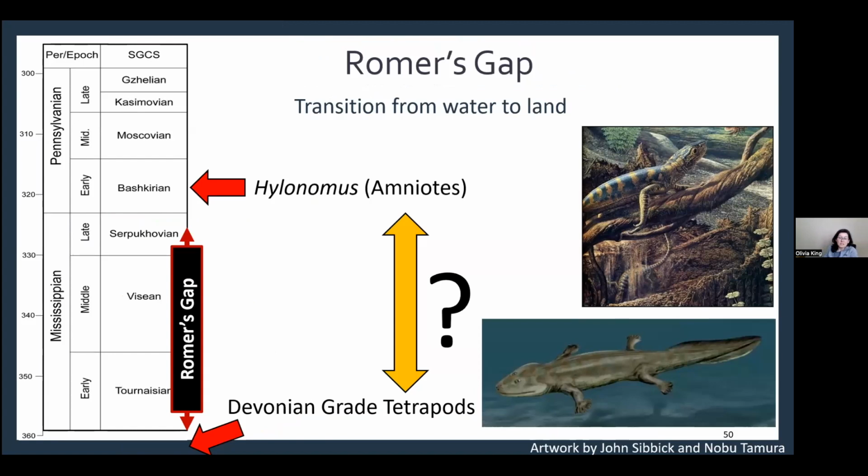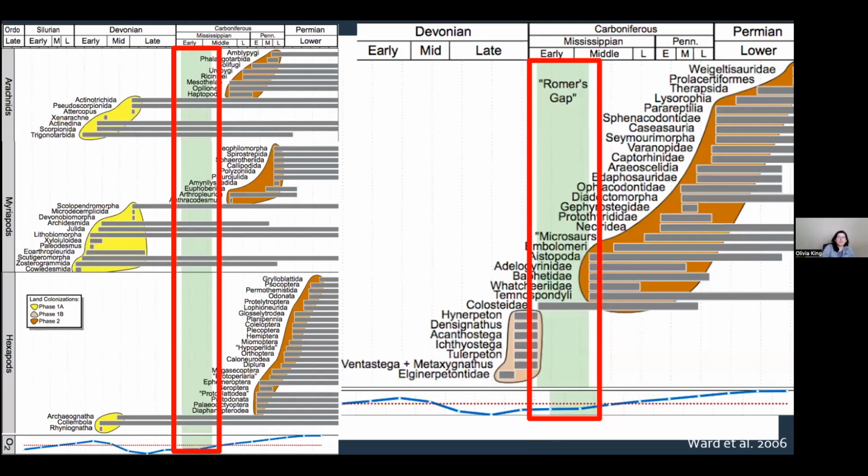So again, we had these Devonian grade tetrapods. Their fins are not quite all together as far as having 5 distinct digits yet. And then we have this gap into basically the early Pennsylvanian, where we have the amniotes, things that can lay eggs on land, and basically advanced reptiles.